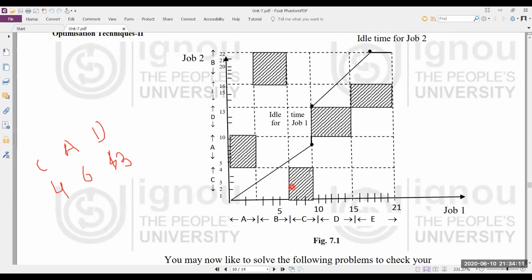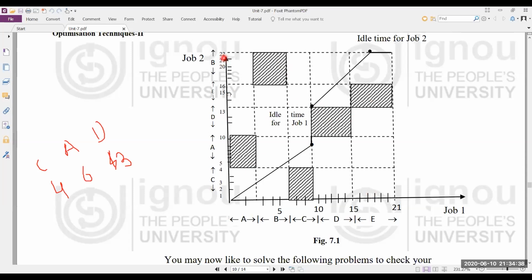So we cross this box. So if there are 5 machines, we can search for 5 boxes which we have to cross. Now A is here and A is here, then we cross this area again. D is here and D is here, so we cross this one and this one.